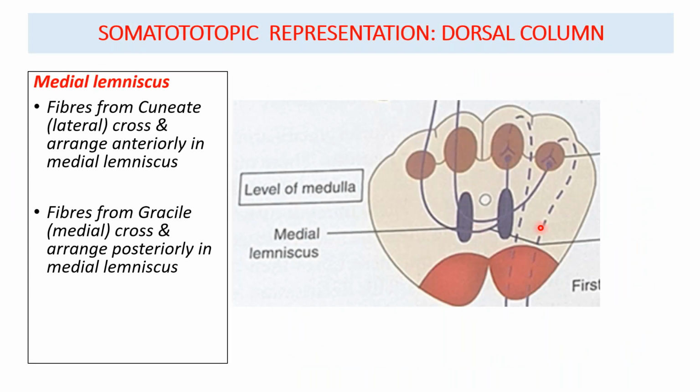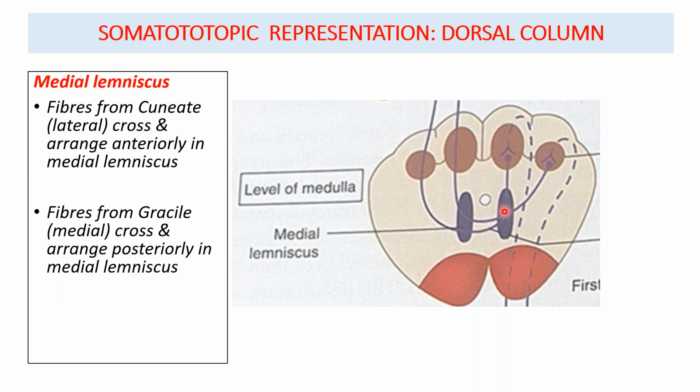If you see this picture from the previous class, you will remember these axons were the fibers of the first order neuron from the dorsal root ganglia, and then they were synapsing with neurons in the nucleus gracilis and the nucleus cuneatus. This neuron is the second order neuron which crossed to the opposite side.